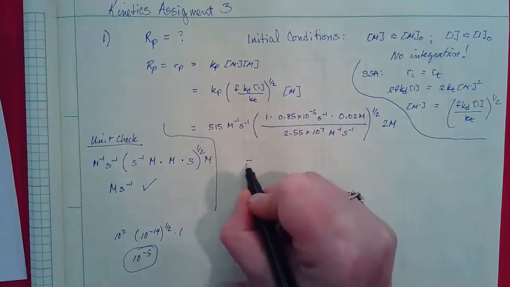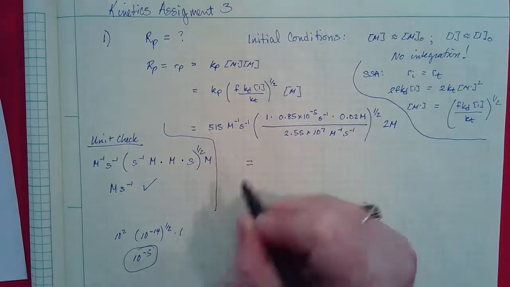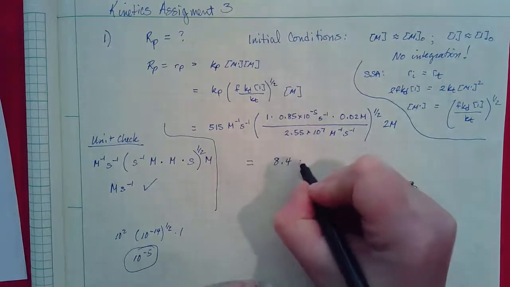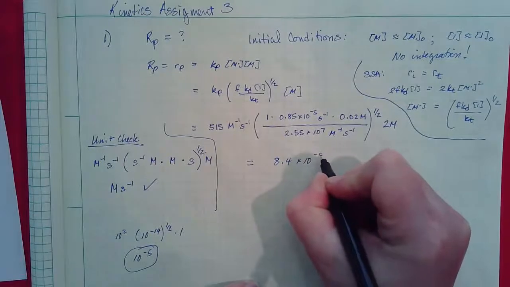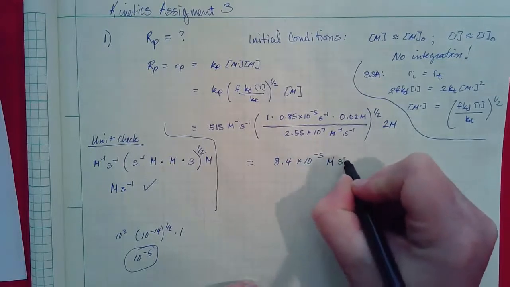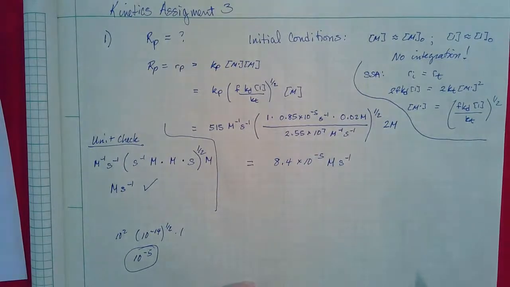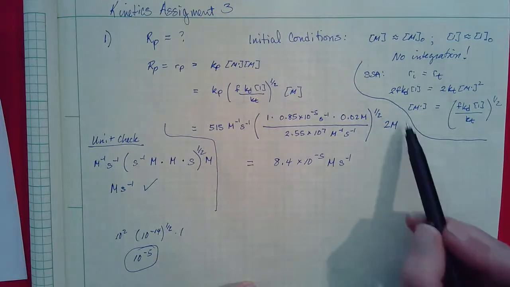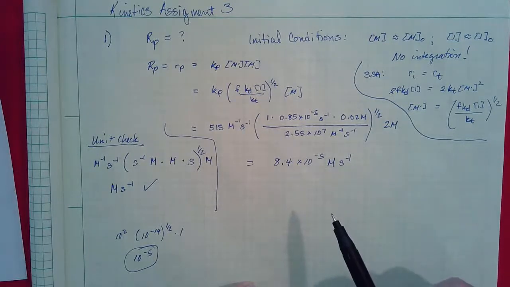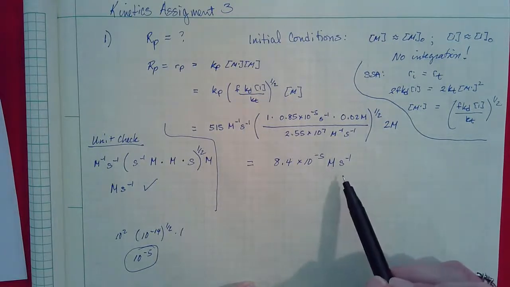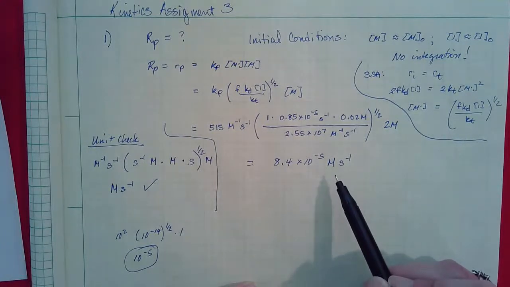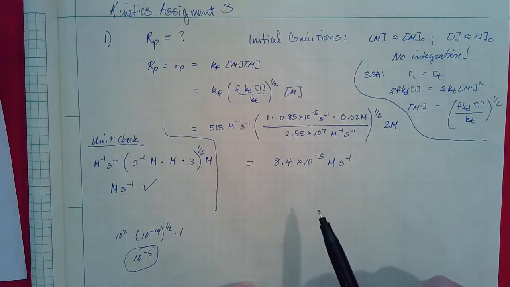Okay, but now if I plug that all into my calculator and I cancel all my units, I get 8.4 times 10 to the minus 5 molar per second, which seems pretty slow, but this concentration, I believe, is quite low for a free radical polymerization, and it's per second. So remember how a mole is very big, so moles per liter per second.